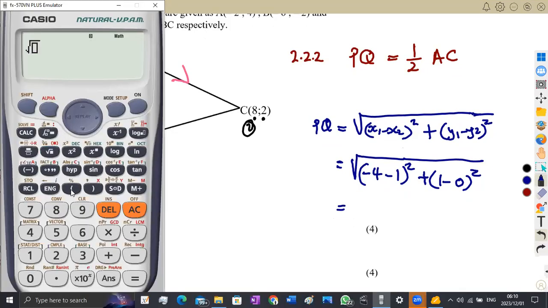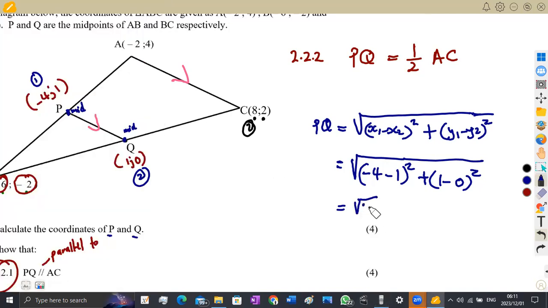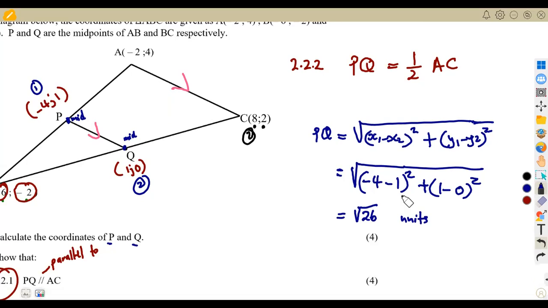Let's put the square root of, open a bracket, -4 minus 1, squared, plus, open a bracket, 1 minus 0, which is just 1, squared. This gives us the square root of 26. Like I said, the length is measured in a specific unit, so we just write units there.